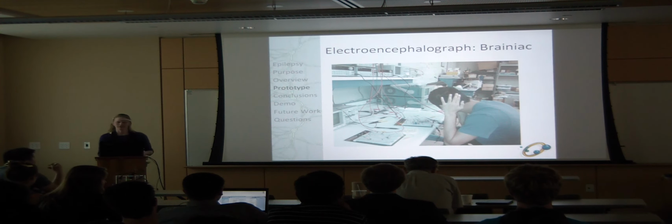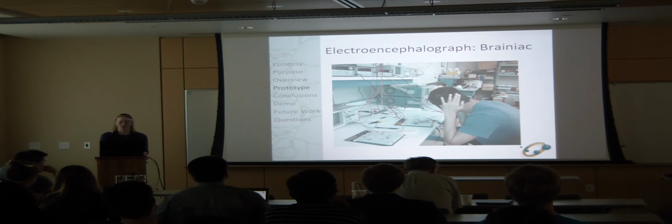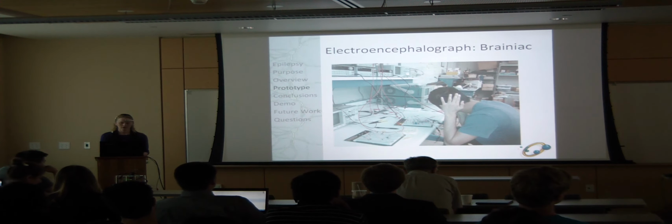So if I go like this, it messes up the data that this EEG picks up. Being able to incorporate an accelerometer would be beneficial because it would allow people on an everyday basis to move around a little bit more.